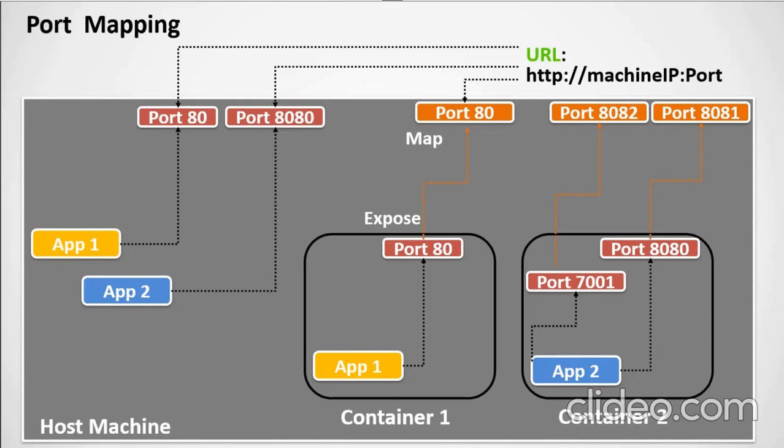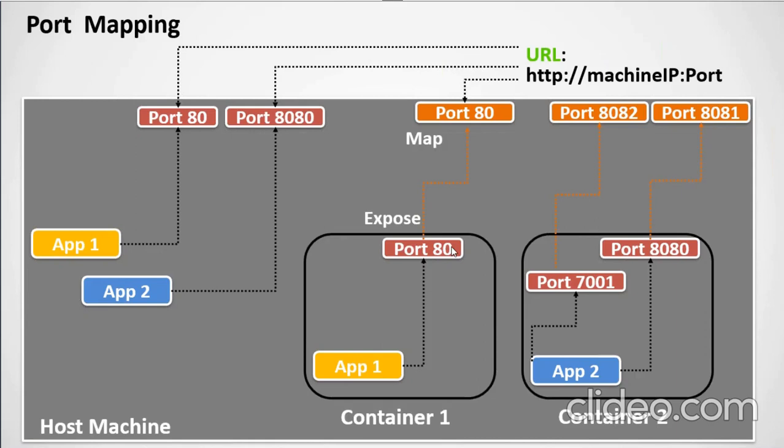Okay, thanks. But on a host machine, we can run n number of containers, right? If one container itself has taken port 80, other applications have to choose a port in the range that the client allows. A little change: it's not the client, but the host machine.